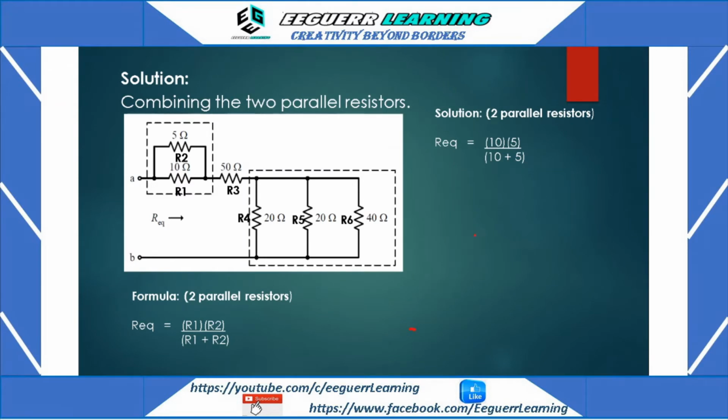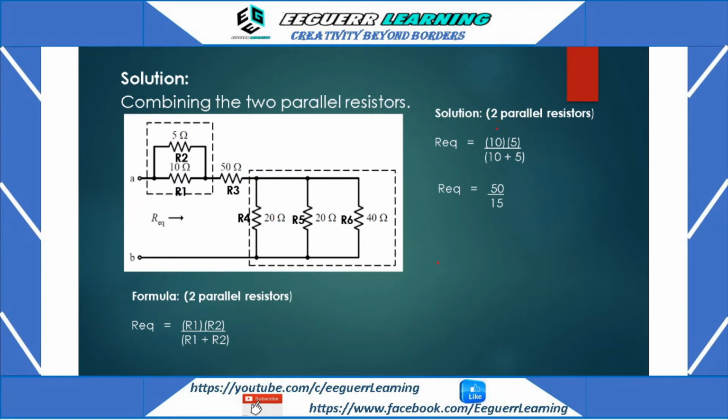So getting the values, for R1 we have 10 ohms, and we place it here for R1. And for R2, we have 5. Okay, 5, and this is R2. And R1, which is 10, times R2, which is 5, will give us 50 over 15.